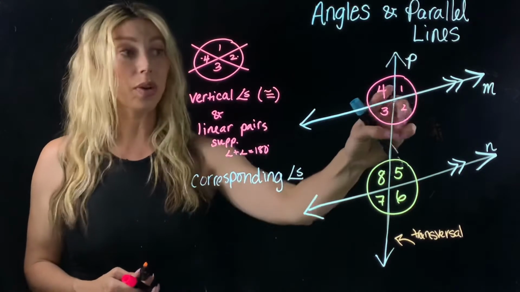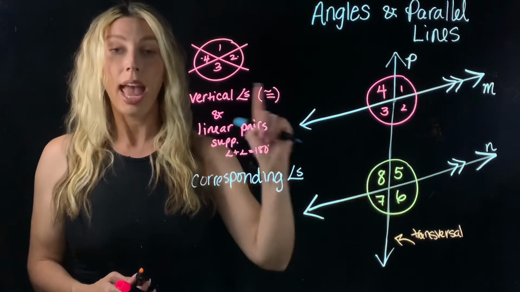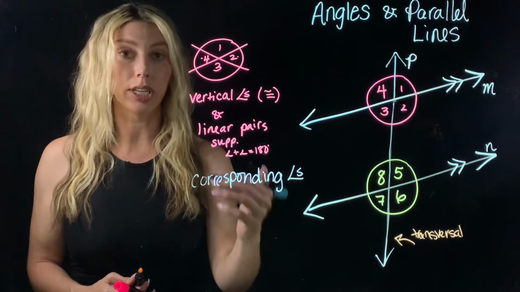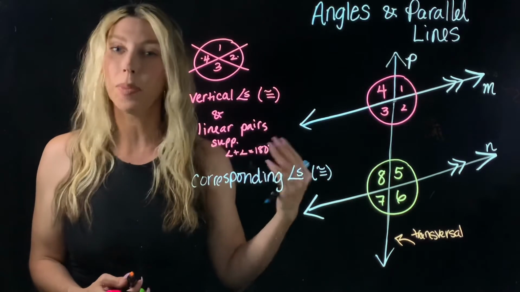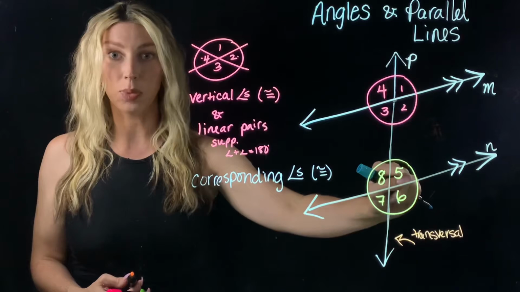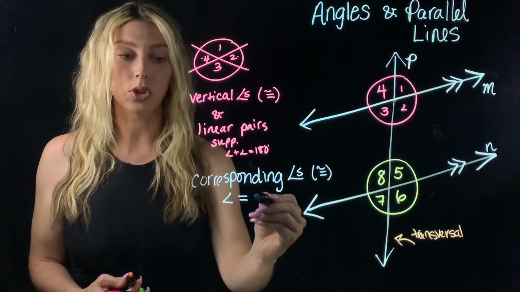It just means that they're in the same location, just at a different intersection. What's important to remember about those is that they are going to be congruent. So they are congruent to each other. And if I had to set up an equation with an expression from one of them and the expression from another, I would set one angle equal to the other angle.